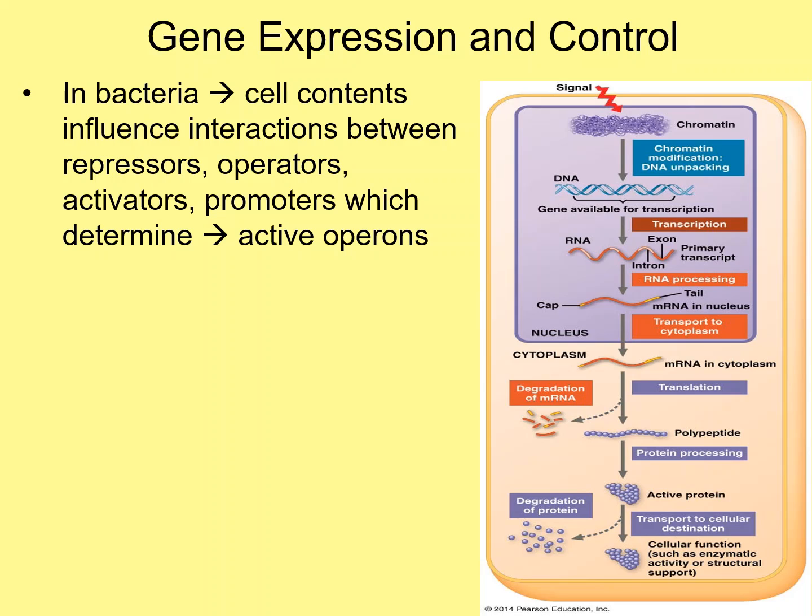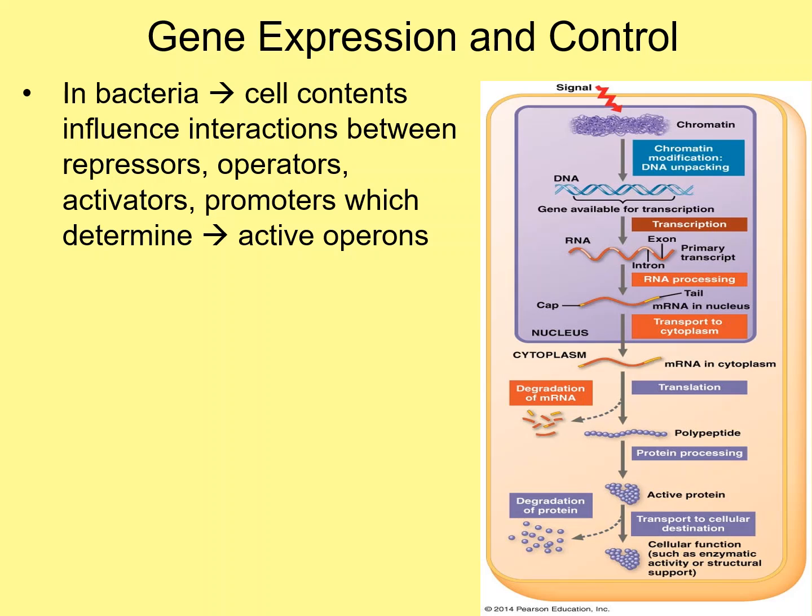In eukaryotes, what we see on our little diagram here gets to be quite complicated because, and this is something we've talked about in class, we can regulate transcription at the chromatin level, basically the whole chromosome level. We can turn an entire chromosome off, as is the case in X inactivation in female mammals.